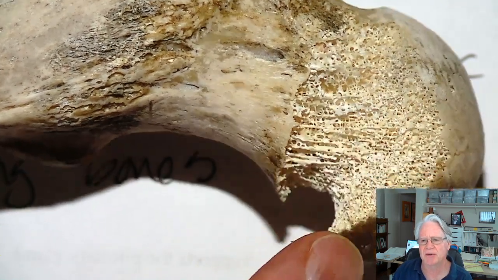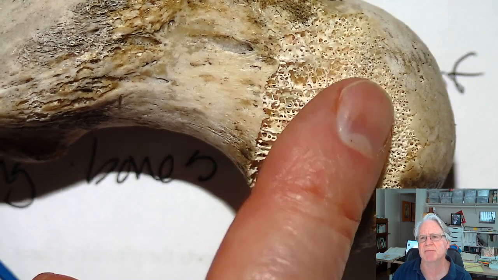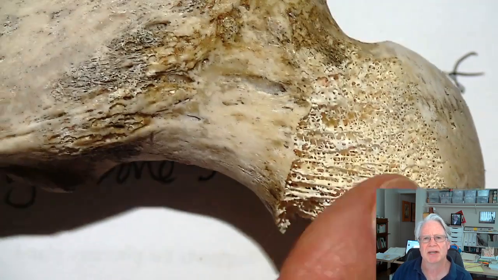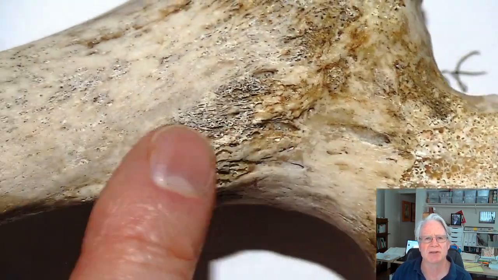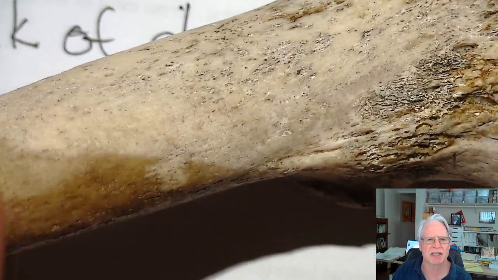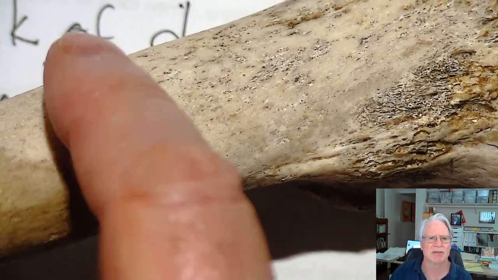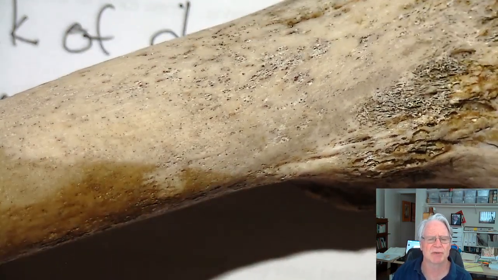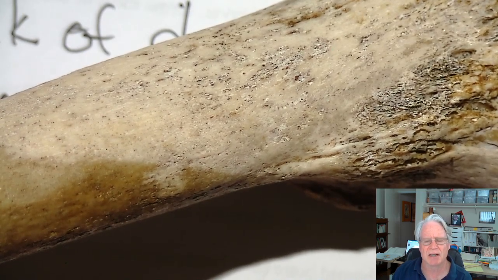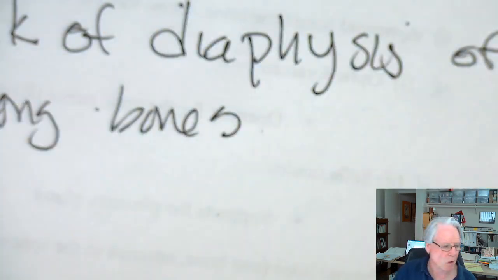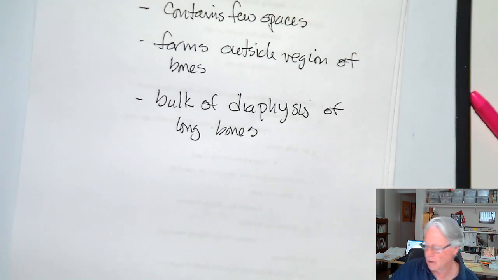If you look very carefully, the outer edge is a very thin plate of compact bone. As we move down into the shaft, the diaphysis, all of the edge would be composed of compact bone.